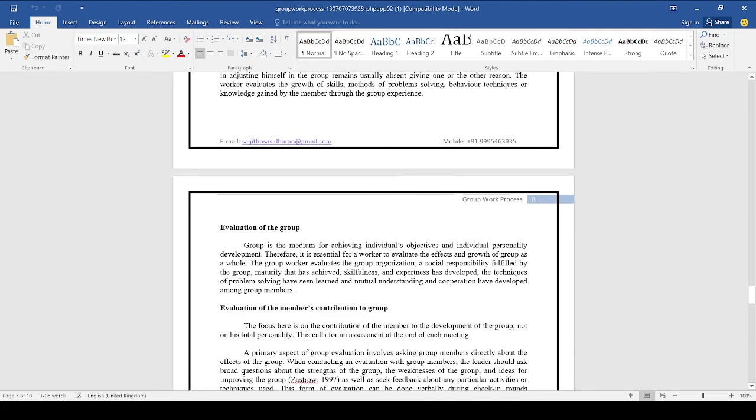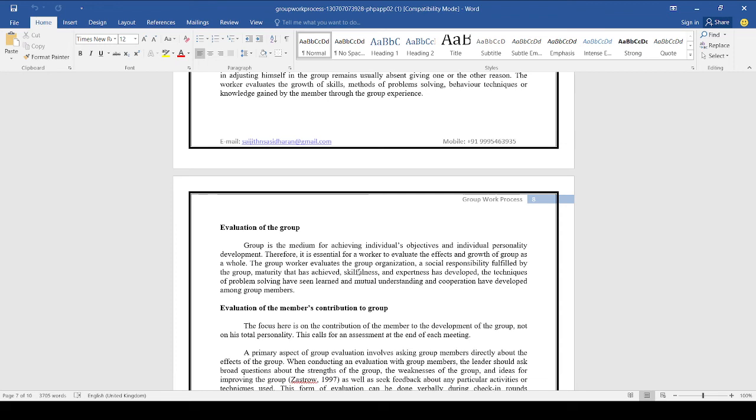Evaluation of the group means, especially, we should attain some goals. It is very essential for a group worker to evaluate the effects and growth of a group as a whole. Here the group worker evaluates the group organization, the social responsibility fulfilled by the group, how maturity has been achieved as a group, and how expertness has developed.